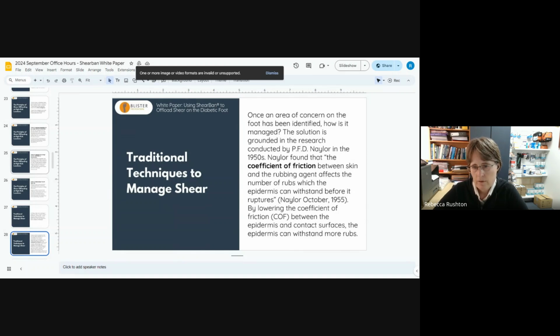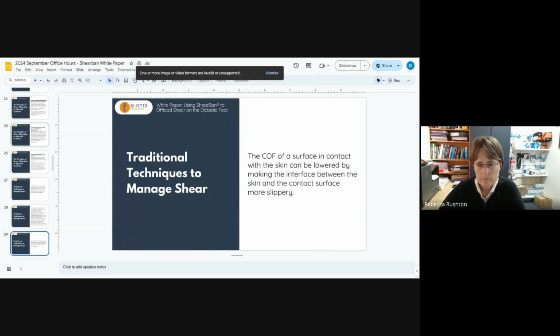The solution is grounded in the research of Paul Naylor in the 1950s, where he found that the coefficient of friction between the skin and the rubbing agent affects the number of rubs which the epidermis can withstand before it ruptures. By lowering the coefficient of friction between the epidermis and contact surfaces, the epidermis can withstand more rubs, i.e., we can walk further, take more steps without tissue breakdown.